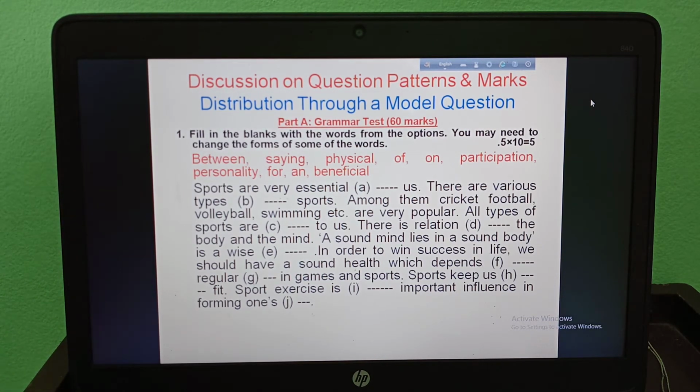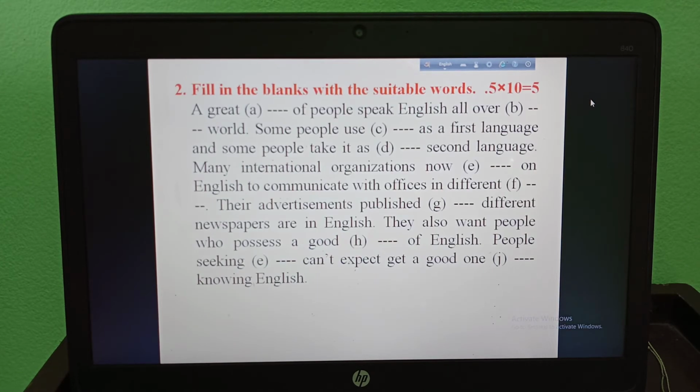Now I will not be reading, only elaborating the question numbers. In question number 2, you will get another close test without clues. You can also name this right forms of verbs or modifiers. As an example, we can write the sentence: birds fly dash.